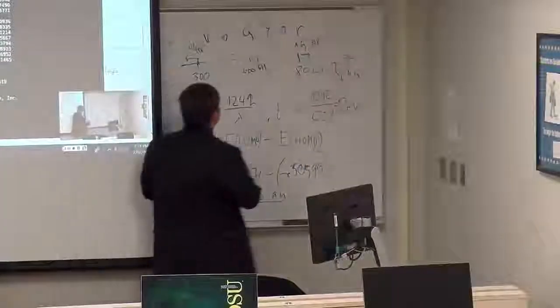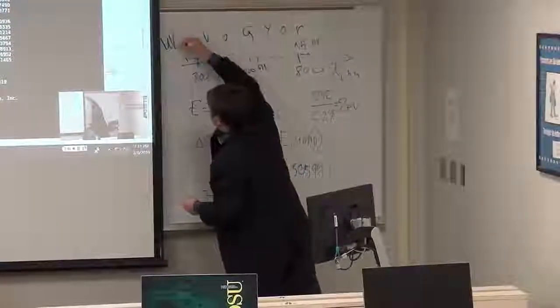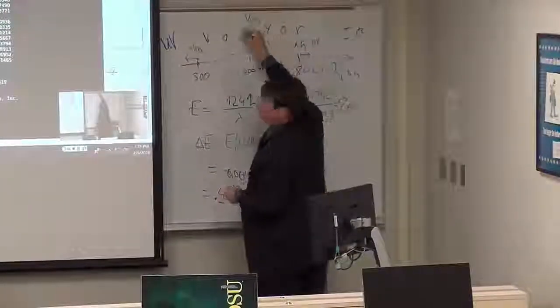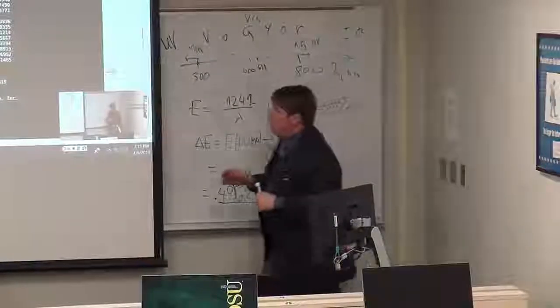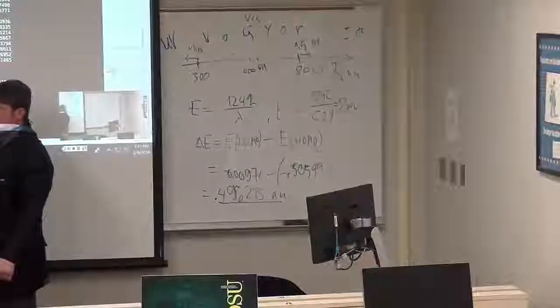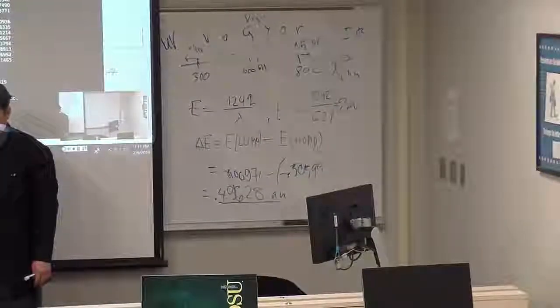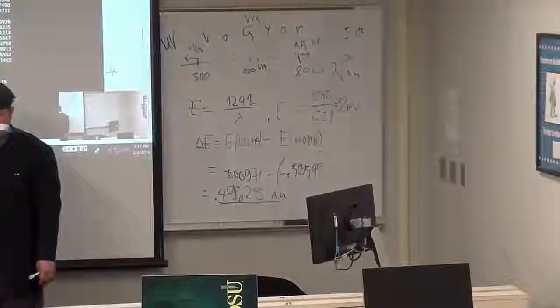And 13 electron volts definitely falls in the UV part of the spectrum, right? So by looking at this table, you can predict the color of this material. Makes sense? Good.